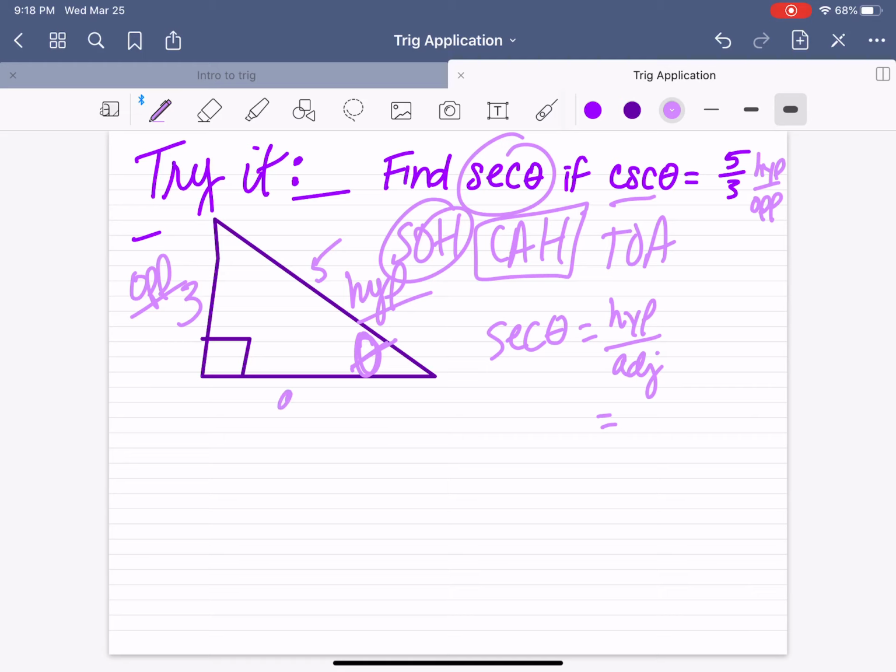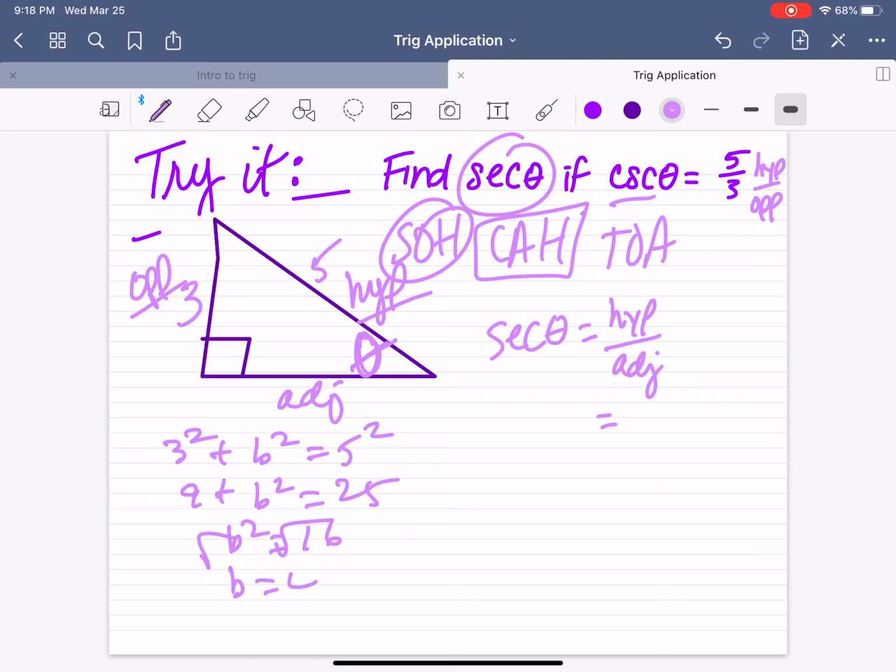So of course, we're going to have to find the adjacent. 3 squared plus b squared equals 5 squared. 9 plus b squared equals 25. Subtract 9 from both sides. Take the square root. You get 4. So now that we have all the sides, the hypotenuse is 5. The adjacent is 4. So the secant of theta is 5 over 4.